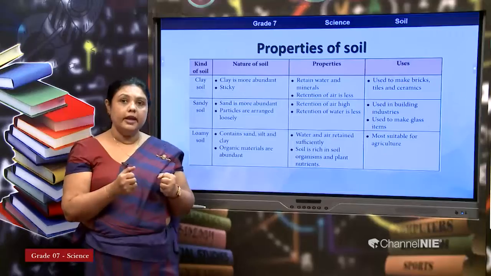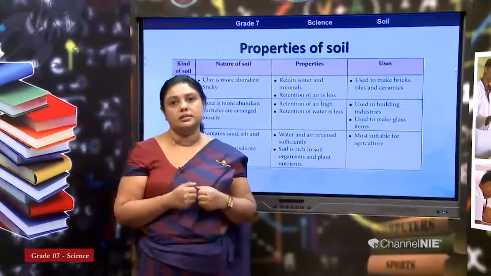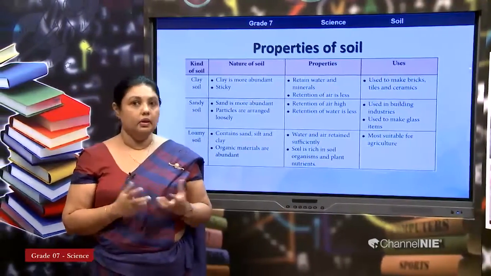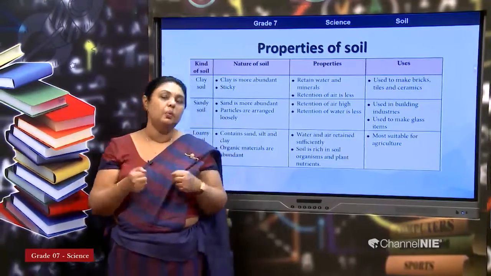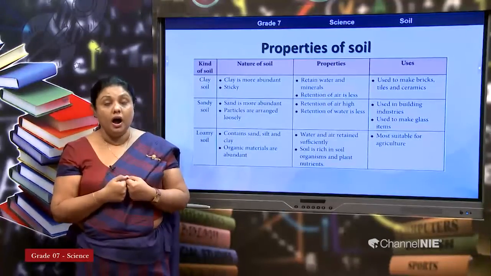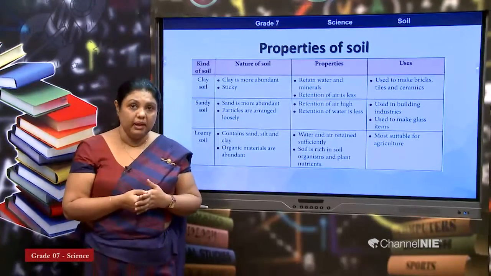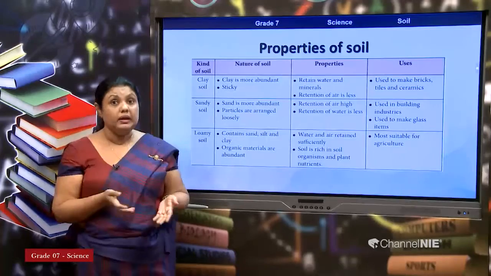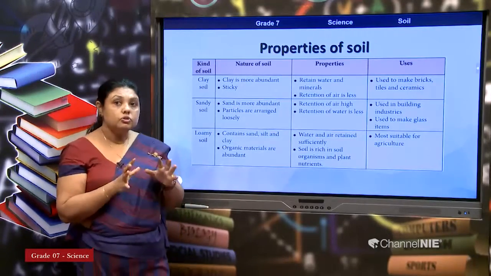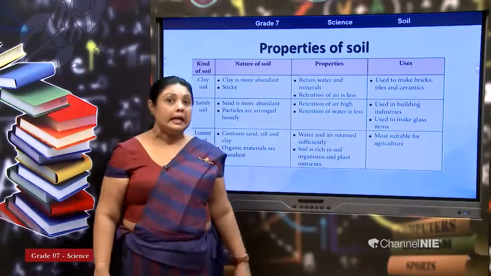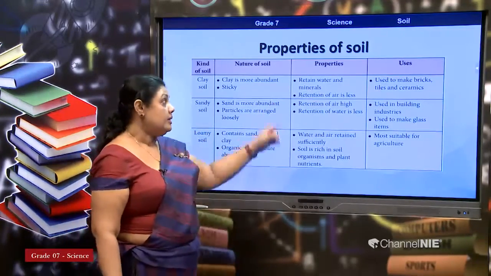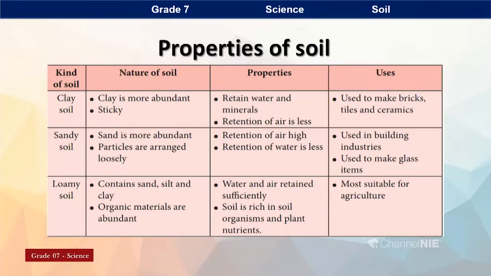So, because of that, we use this for hard stuff. What are hard stuff? Making bricks. Yes, you need to make your house very, very hard. If not, somebody can break it, or on its own it will be broken. To stop that, it should be very hard. Therefore, we use clay to make ceramics, bricks, tiles.